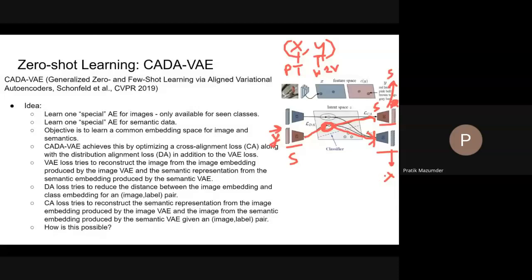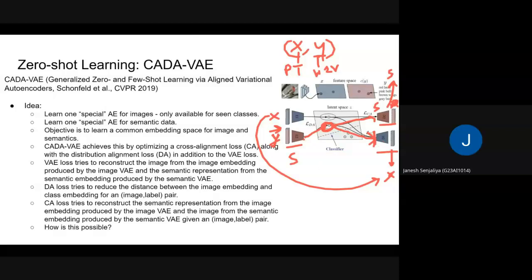If I give you any vector over here, it will produce some image. Now, what cross alignment does is force it to reconstruct X, with this loss, even though I have not given the embedding of X to D1.